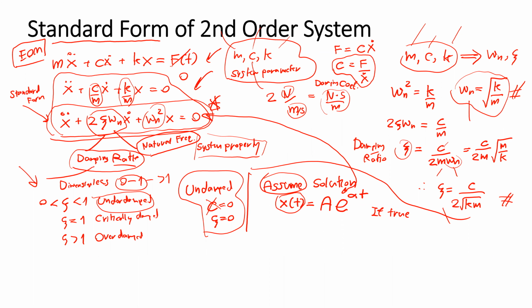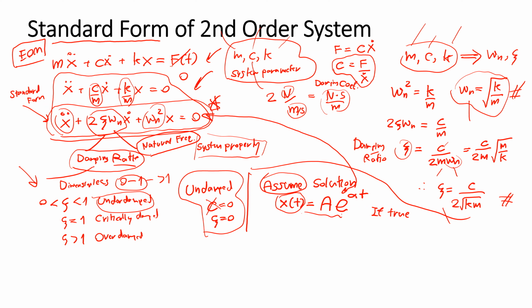So the first term, x double dot. If the solution is x(t) equal to A e to the power alpha t, what is the second time derivative of x(t)?